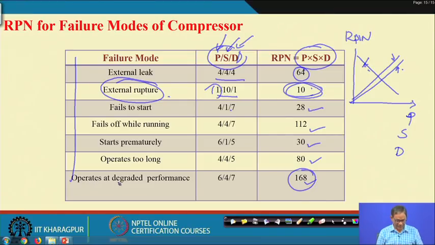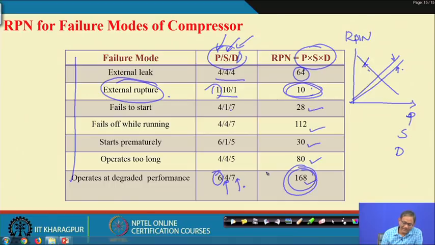But when we talk about that operates at degraded performance, its severity is comparatively low, but its probability is high and detectability is also low. So, that means high probability with low detectability creates maximum problem here, and as a result RPN is more.